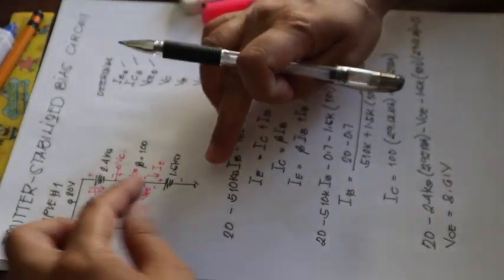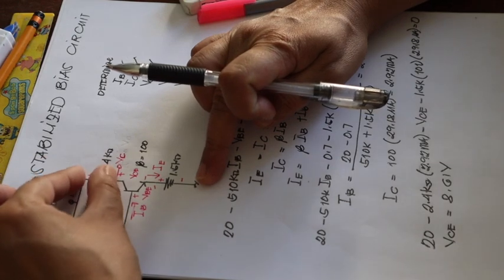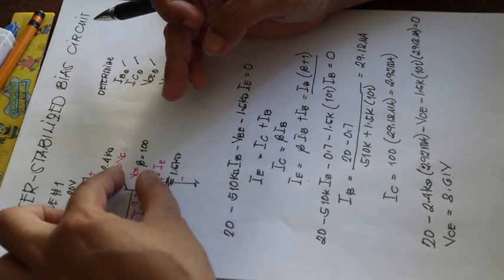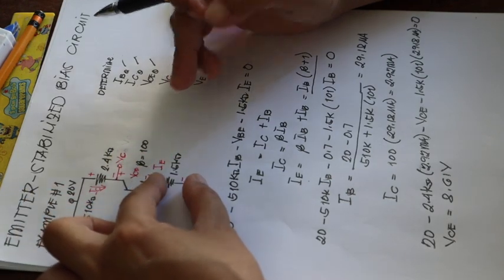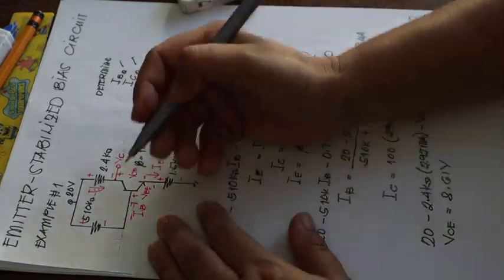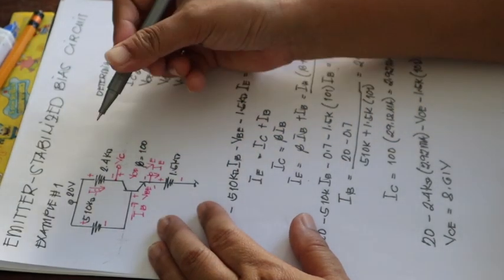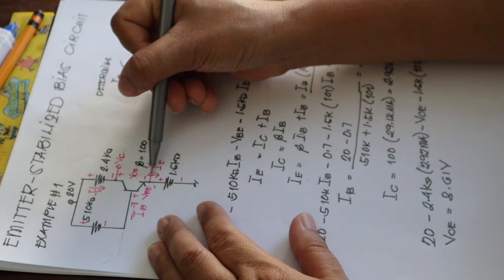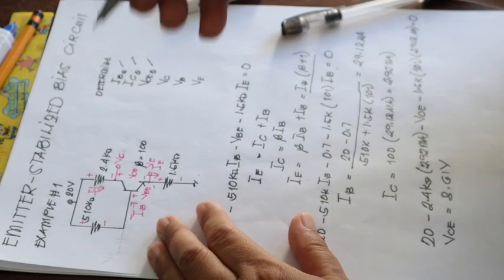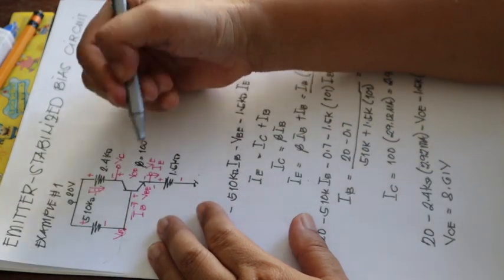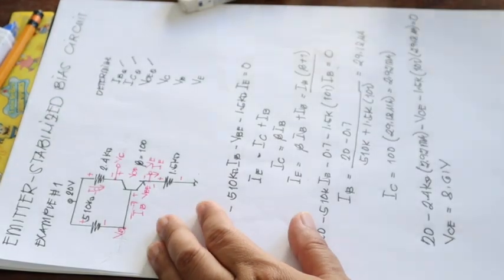Pwedeng it will be 20 less the drop here, or pwede ring VC dito, it will be VCE plus VE. So, eto yung VE natin. VE would be the voltage from the emitter to ground. So, VB naman, eto siya, from base to ground.